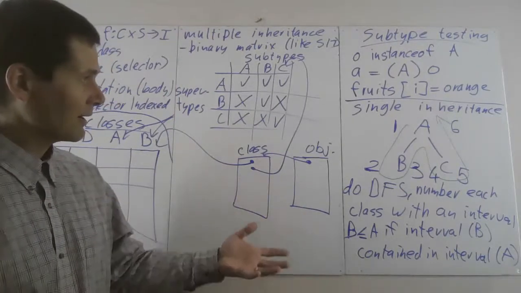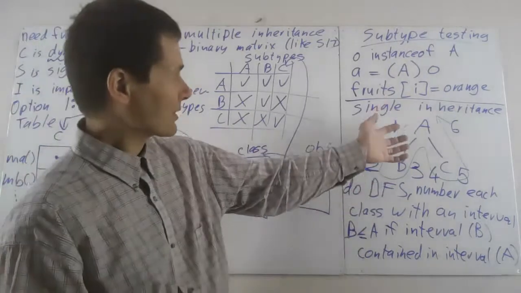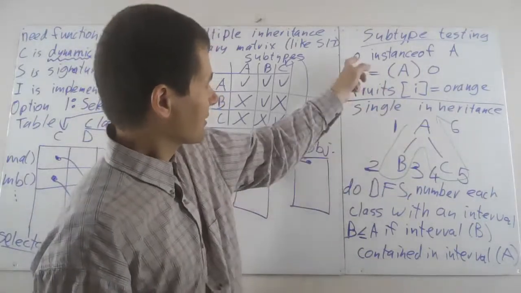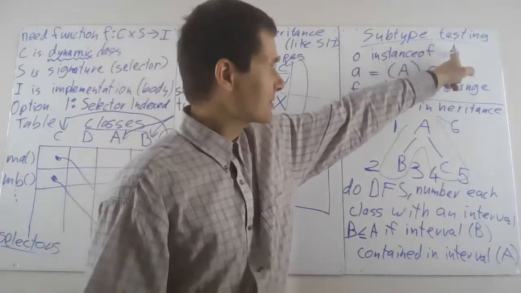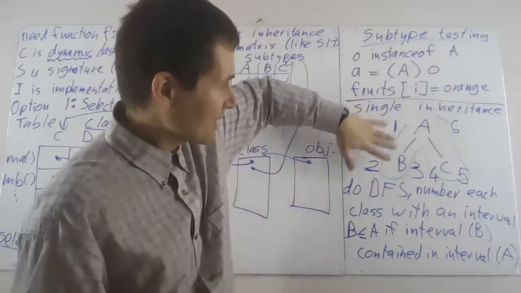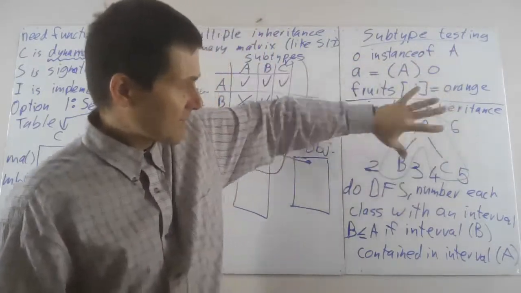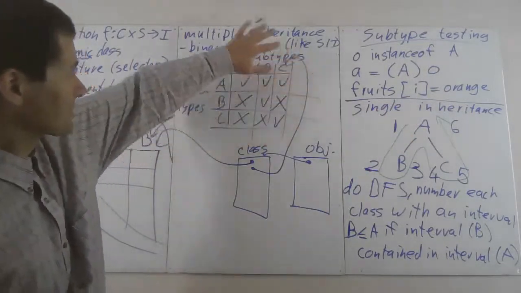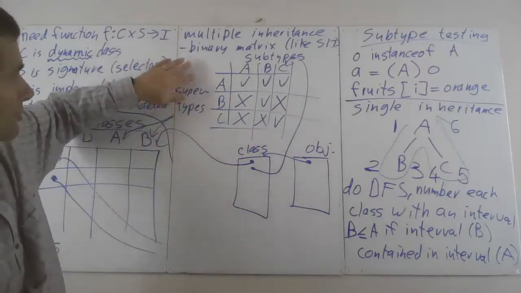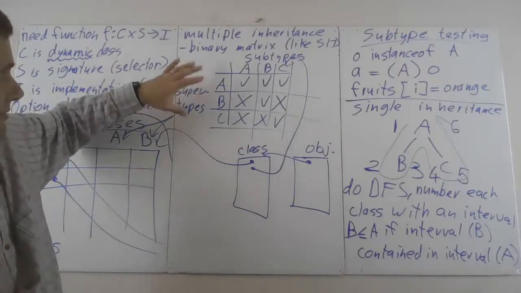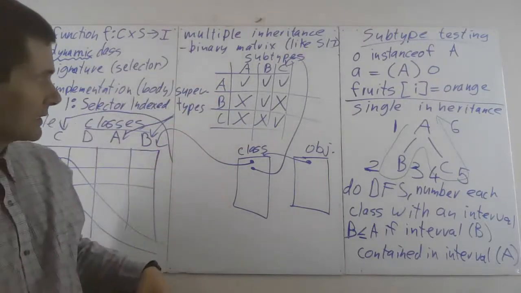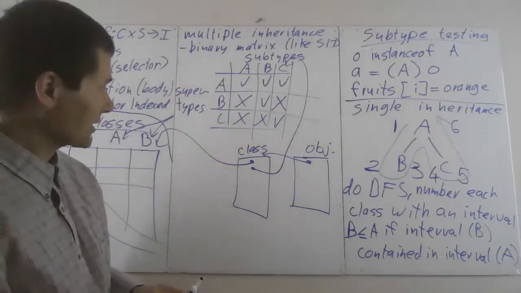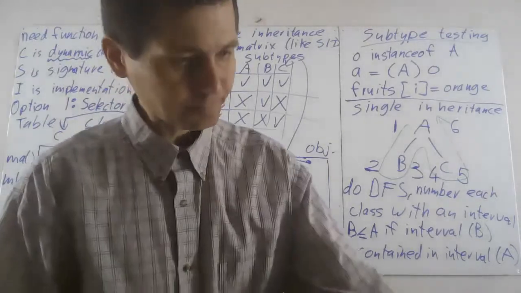And so, when I'm testing whether O is an instance of A, if A is a class, I can use this tree and this efficient technique, and then I can have this matrix only for supertypes that are interfaces. And then I'll reduce the size of this table quite a bit.